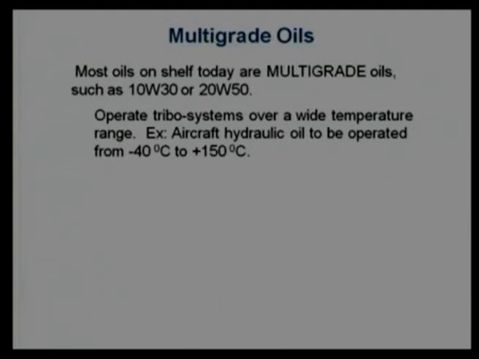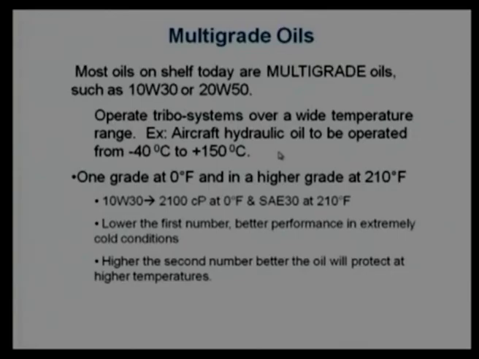That's why when tribo systems operate over wide temperature ranges, we are bound to use multi-grade oils. One typical example is aircraft hydraulic oil, which operates from -40 degrees centigrade to 150 degrees centigrade. It's quite a huge range, and most of the time mineral oils will not be very useful. We may require synthetic oils for these applications.